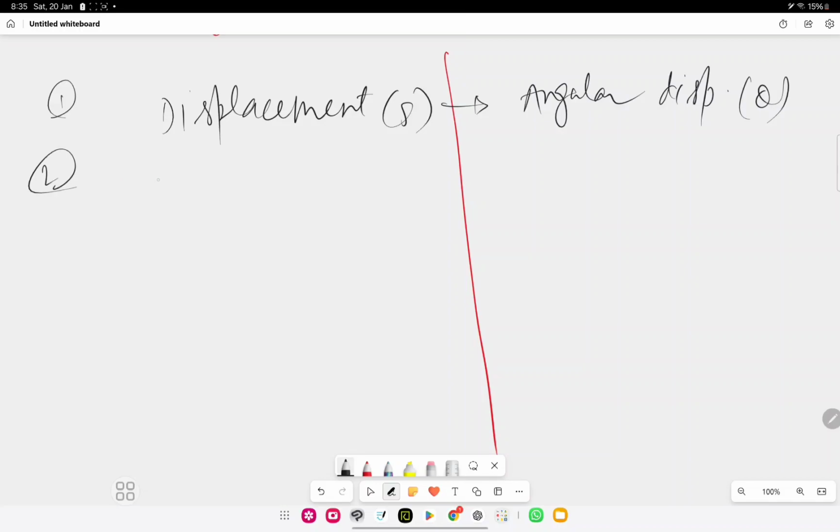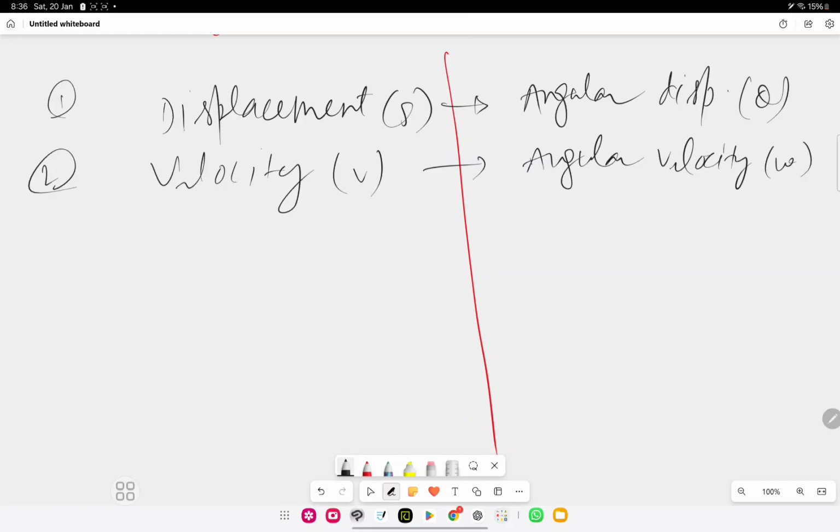Linear velocity we write V, and angular velocity we write omega. What is the relation between them? We just discussed it already: V equals omega cross R.